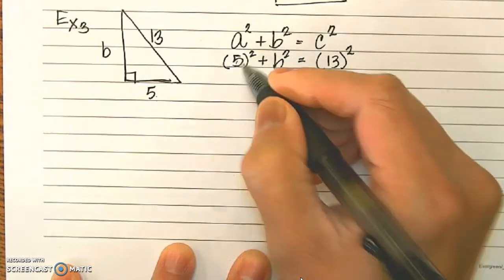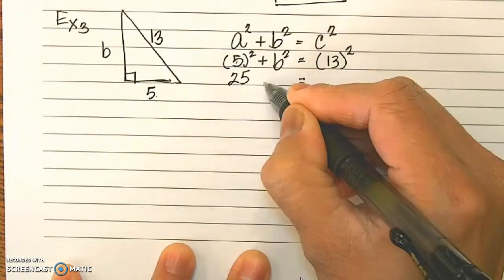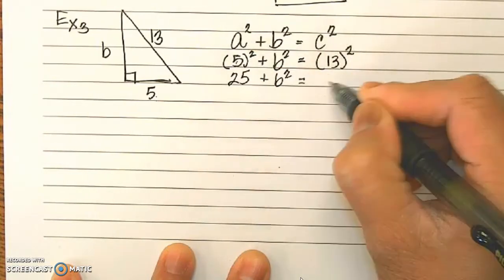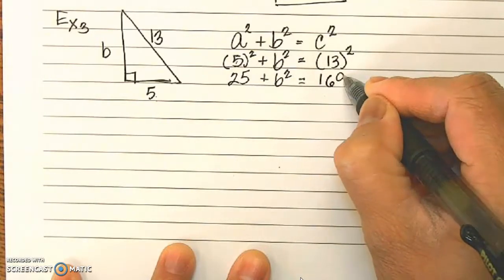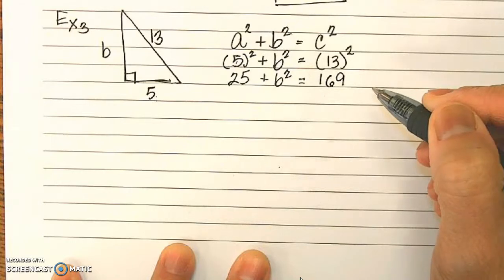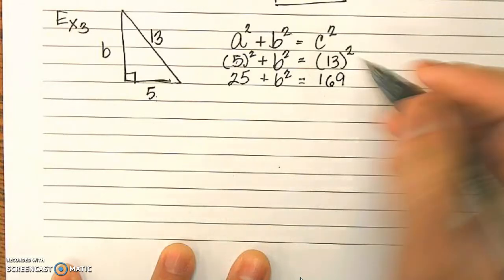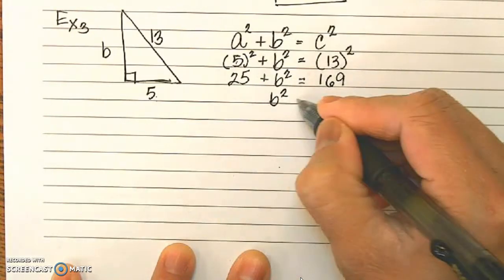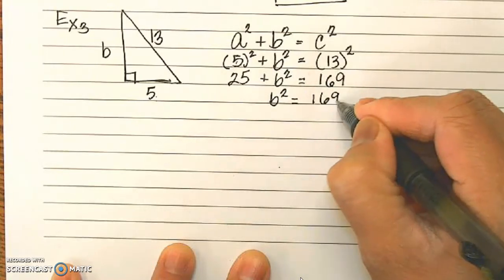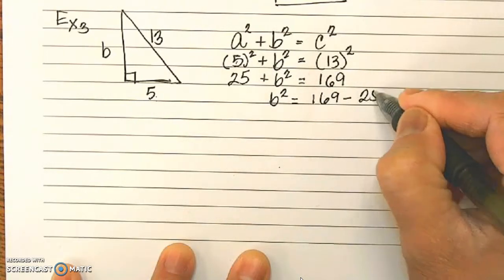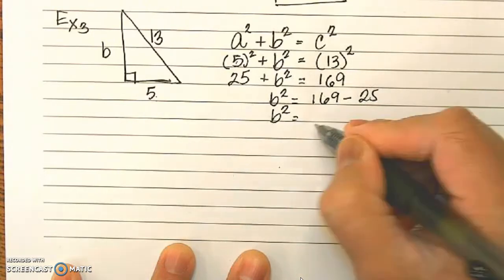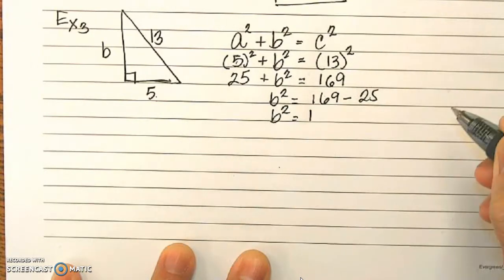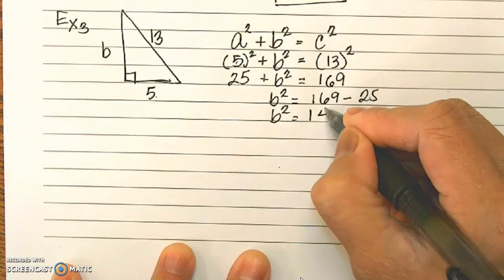Okay. This is 25 plus b squared equals 169. And it's going to be b squared equals 169 minus 25, which is b squared is going to be 144.